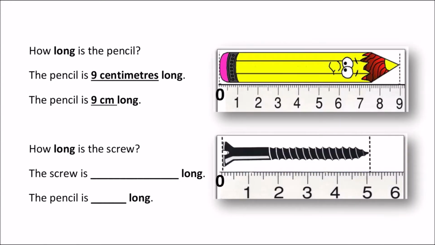Okay, so now we know what is a centimeter. Now we can measure objects like this pencil. How long is this pencil? We start at 0 and we follow along our ruler, and we can see the pencil ends at 9.